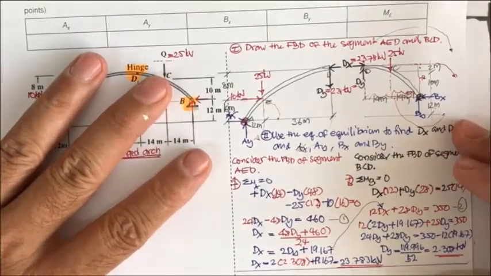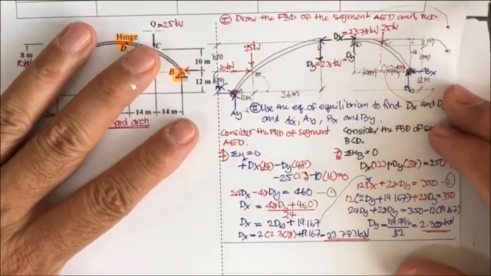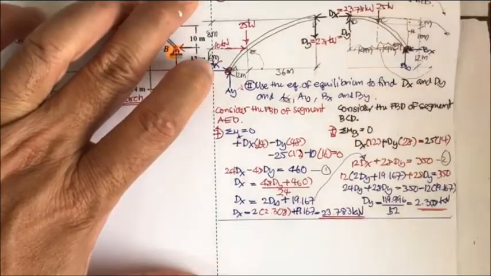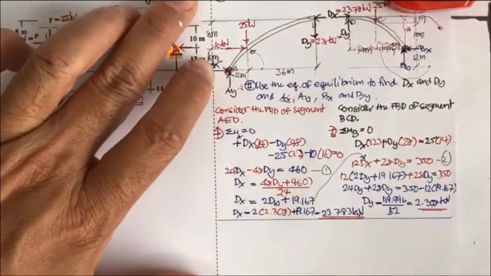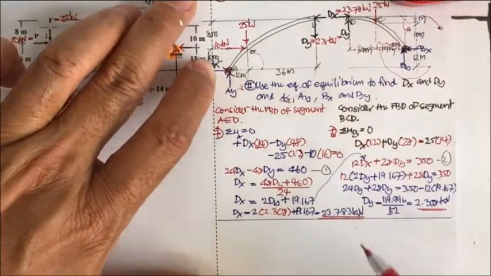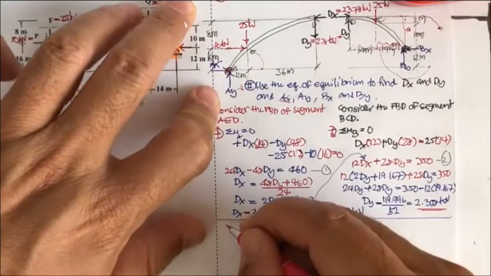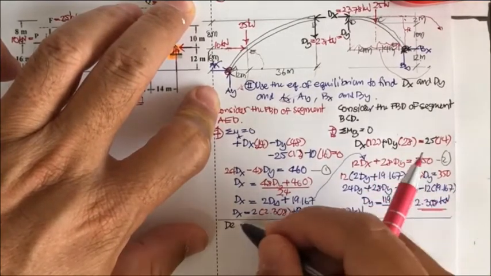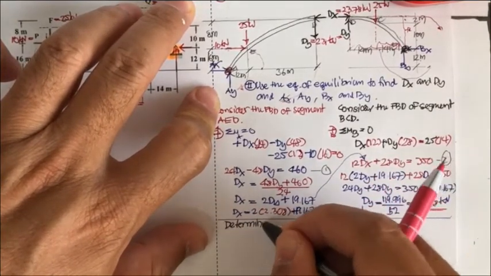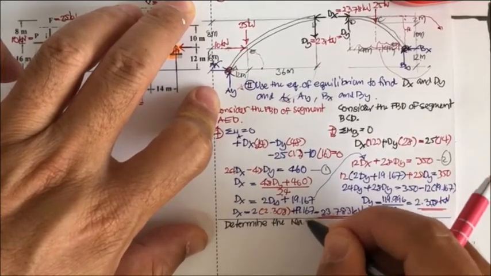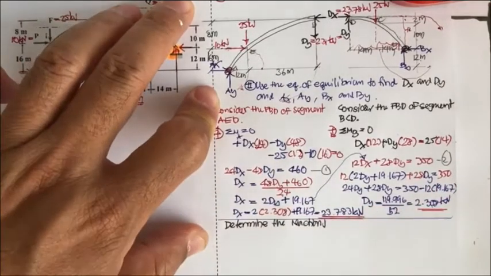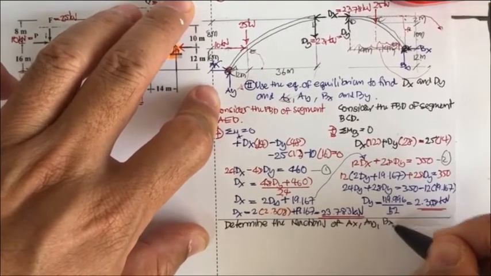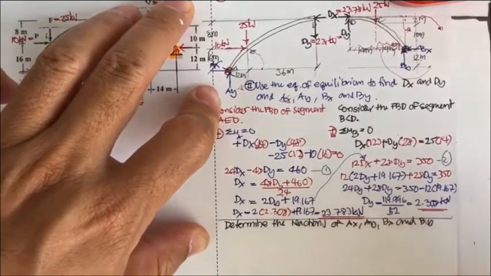So next we're going to move up a little bit and use the equations of equilibrium to determine the reactions of a sub x, a sub y, b sub x, and b sub y.